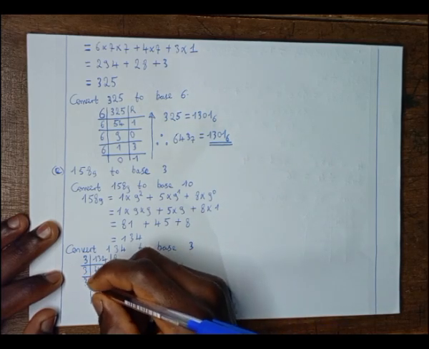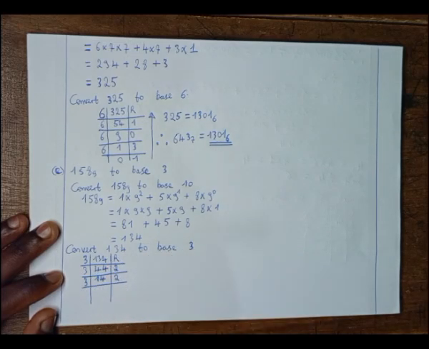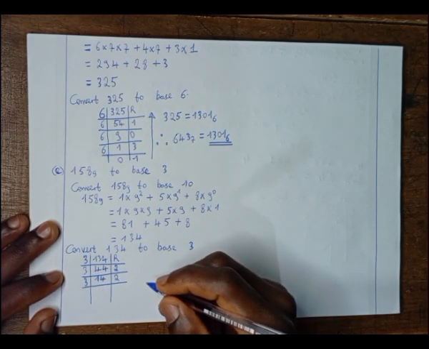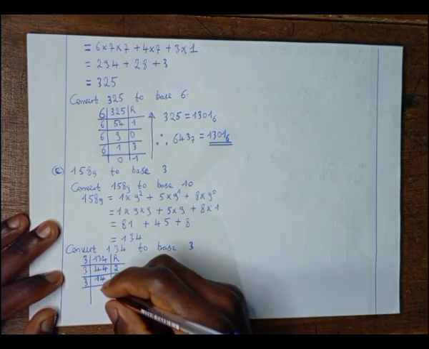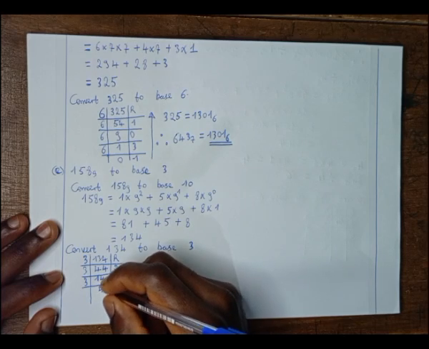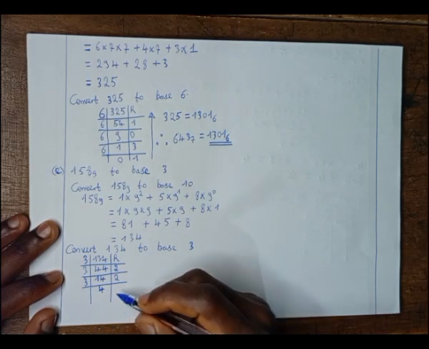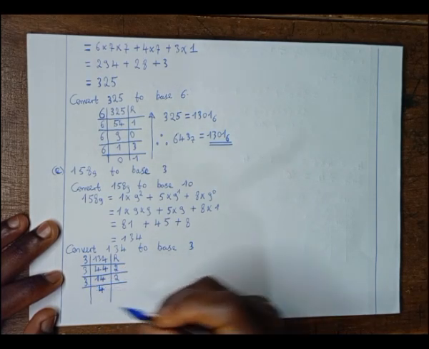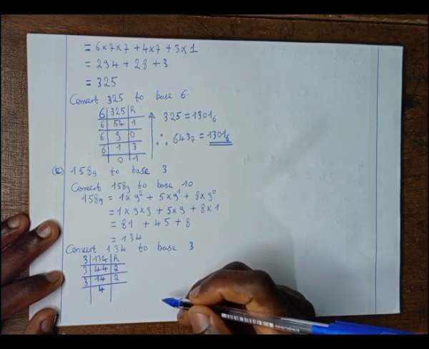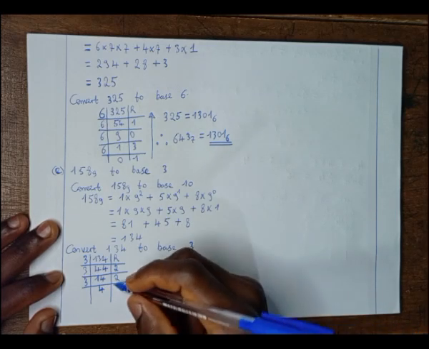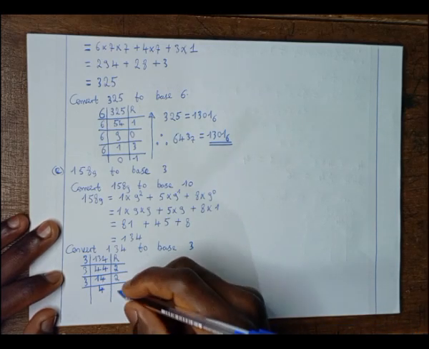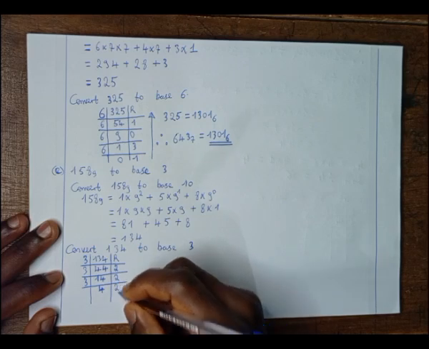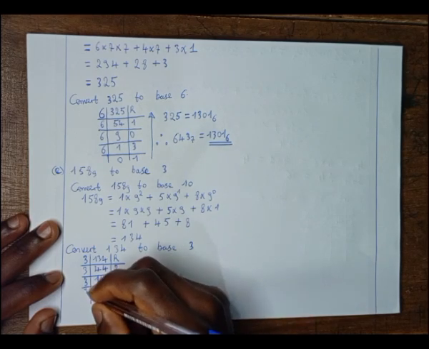We bring down 3. 14 divided by 3 gives us a whole number part of 4. We know 4 times 3 gives us 12. 14 minus 12 gives us 2, remainder of 2. We bring down 3.